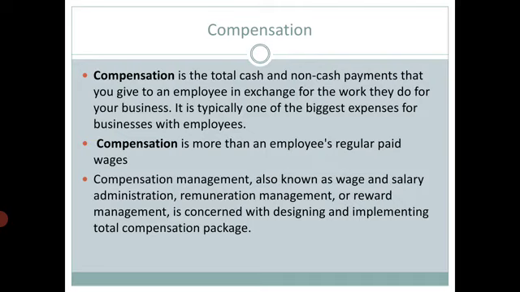Capital means all those funds which are needed in your organization, unless which you can't run your operations. So what is the reward paid to capital? It is the interest.